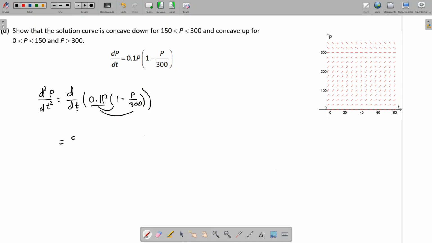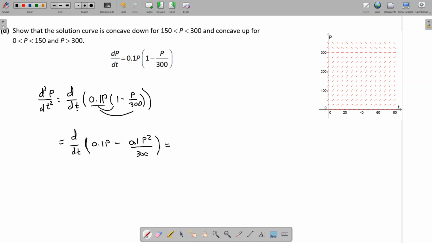That gives me d/dt of 0.1p minus 0.1p squared over 300. We could simplify this, but I'm going to factor that 0.1 out at the end anyway.